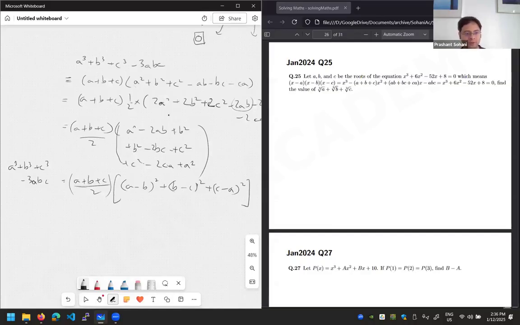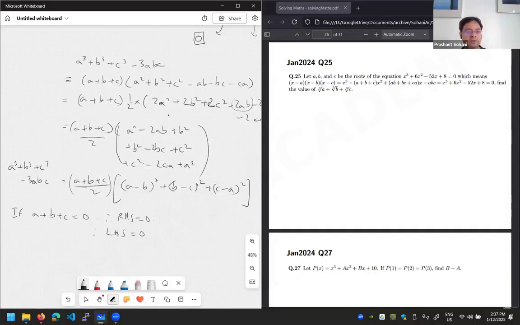Okay, why is this interesting? Because two things we can observe. First is, what if I give you the information that some three numbers are such that a plus b plus c is 0. Therefore, in the above identity, RHS is 0, right? And so, obviously, LHS is also 0.